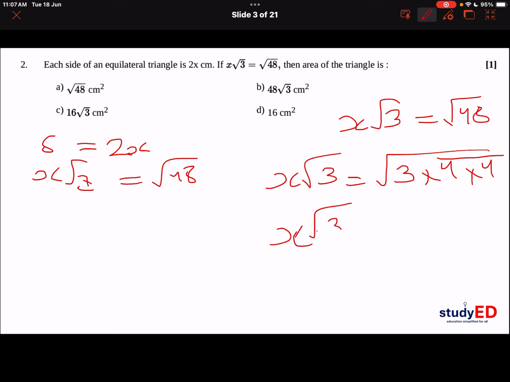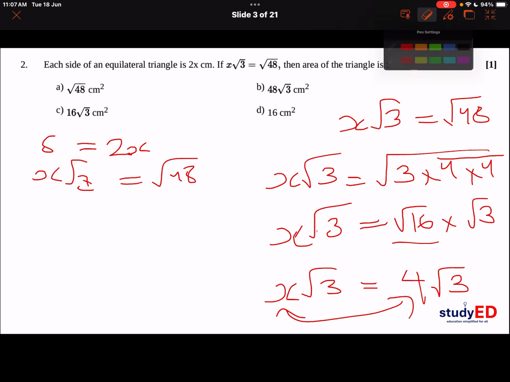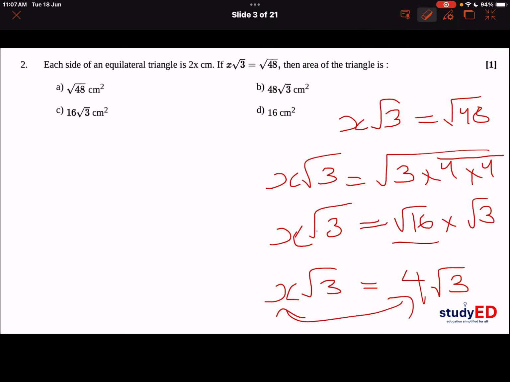x root 3 is equal to root 16 times root 3. What is root 16? Nothing but 4. So x root 3 is equal to 4 root 3. Transposing, we get x is equal to 4. After x is equal to 4, we can substitute that into our original value, 2x, which is 2 into 4, 8 centimeters.